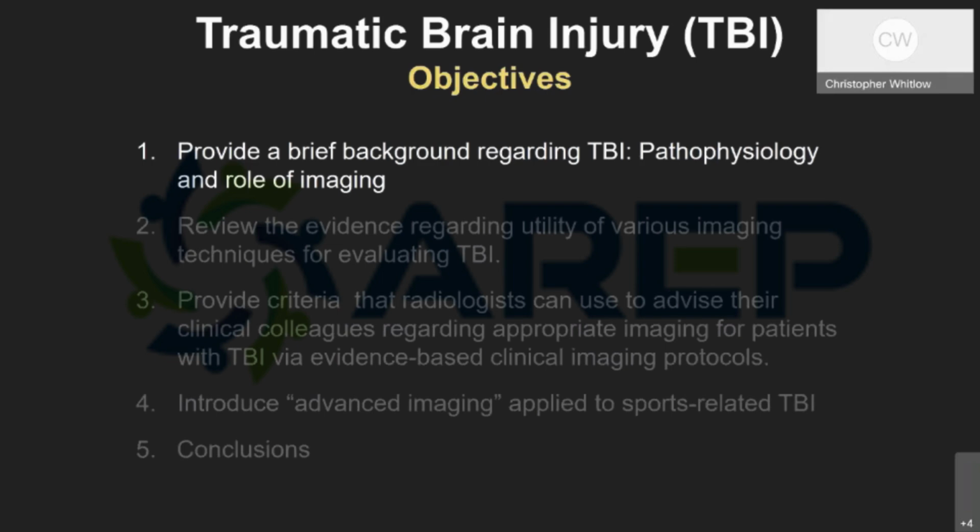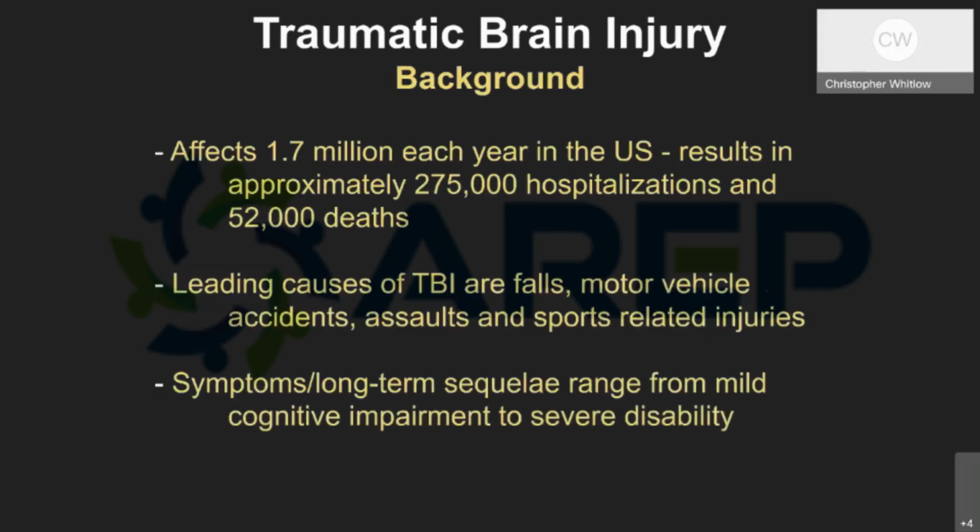All right, so first let's go into a brief background of traumatic brain injury, focused on background, but also pathophysiology and role of imaging. So as many of you know, TBI results in significant mortality and morbidity, with approximately 300,000 hospitalizations and many deaths each year in our country.